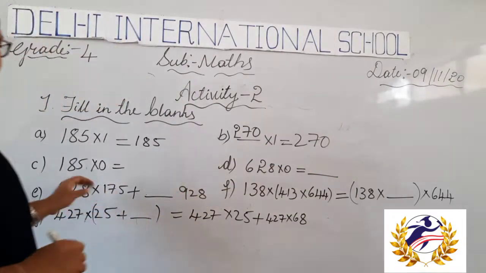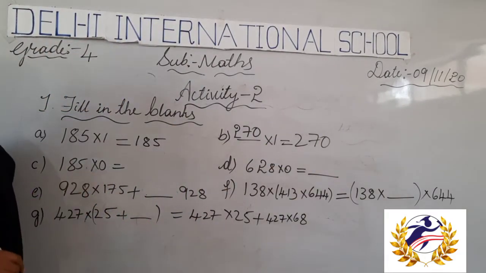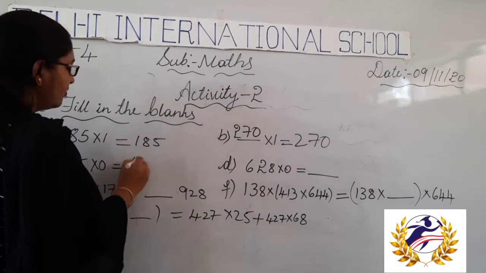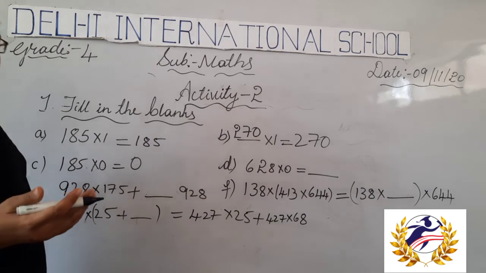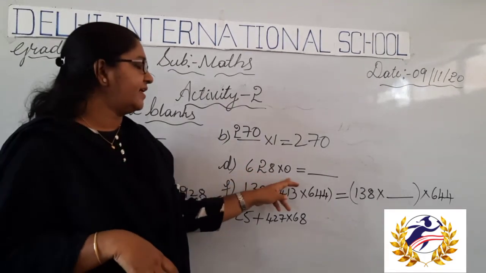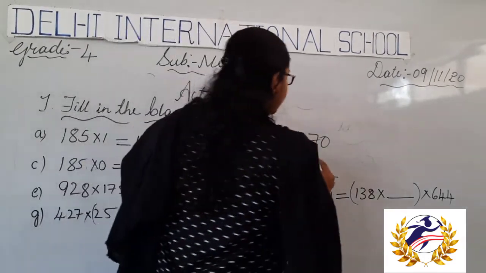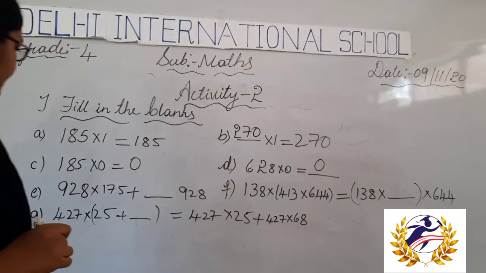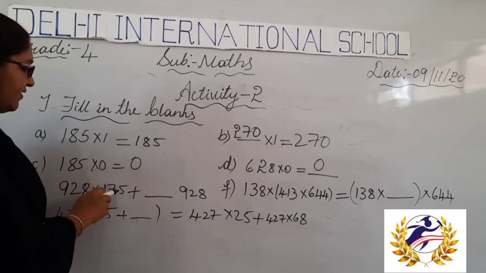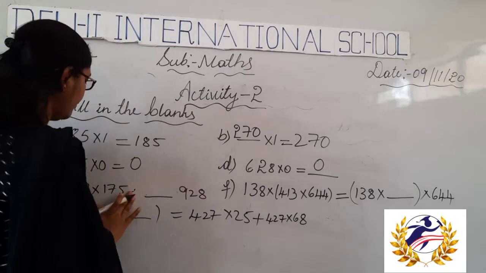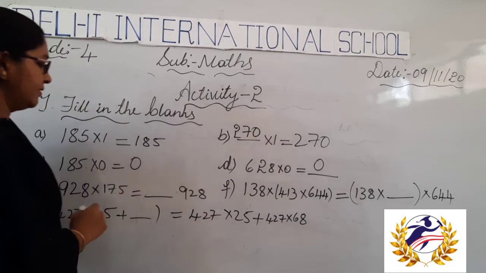Okay. Next one. 185 into 0. 185 zeros are 0. If we multiply any number with 0, then the product is also 0. 628 into 0 is also 0. Next, here, 928 into 175 is equal to how much?